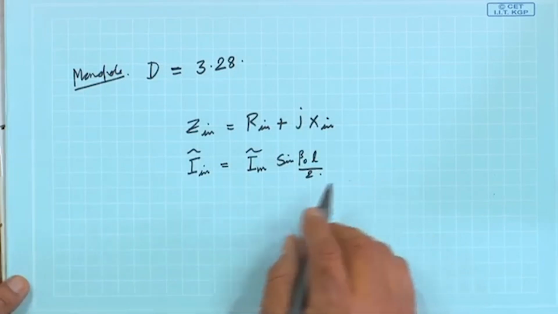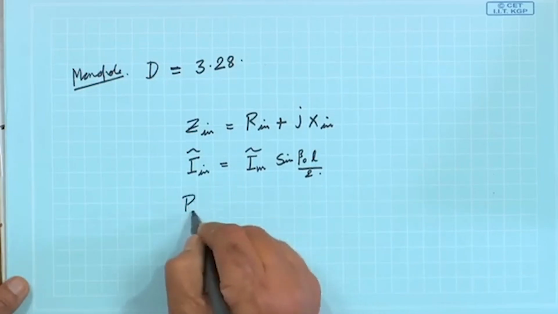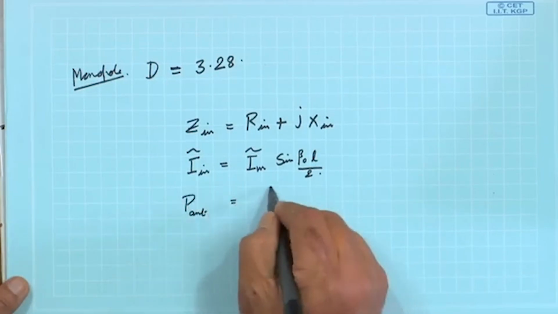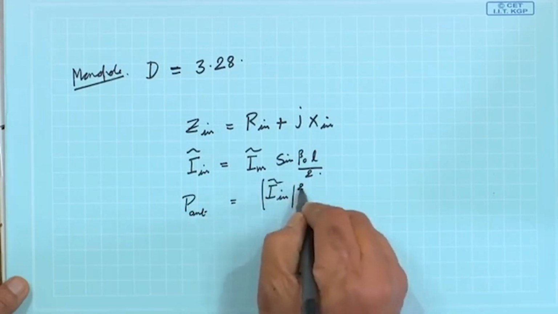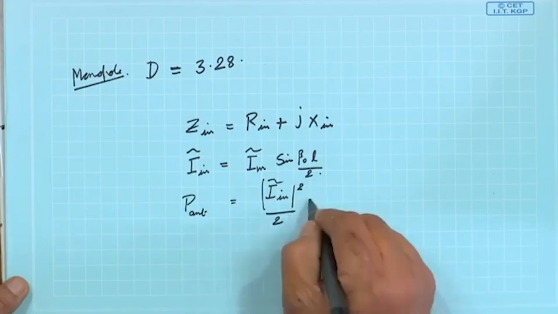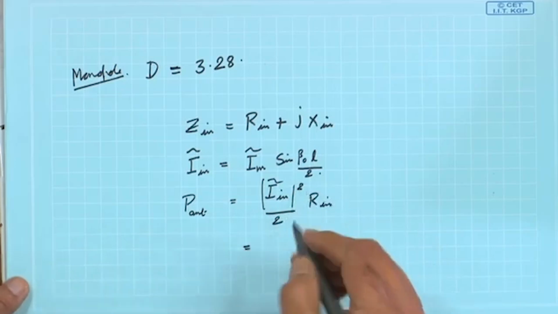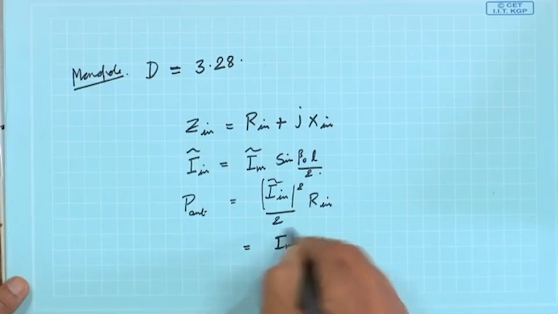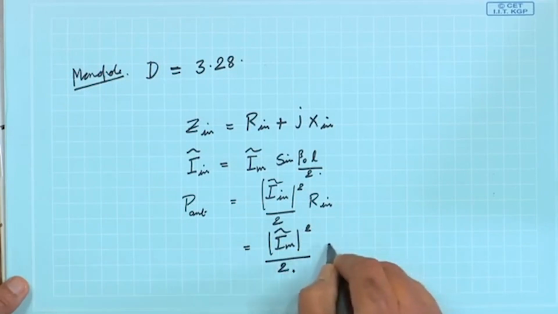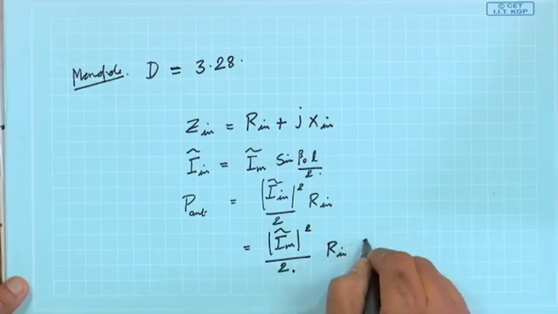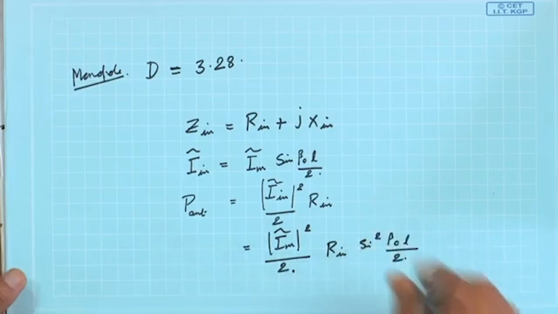So, the total time average power delivered to the antenna, if we call that P antenna, will be I in square by 2 R in. So, it will be I m square by 2 R in sin square beta naught L by 2.